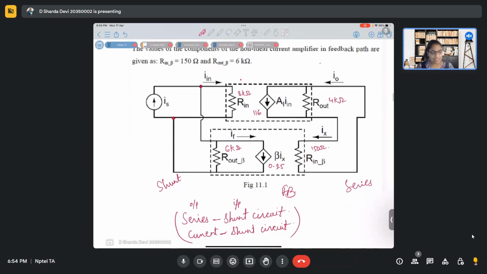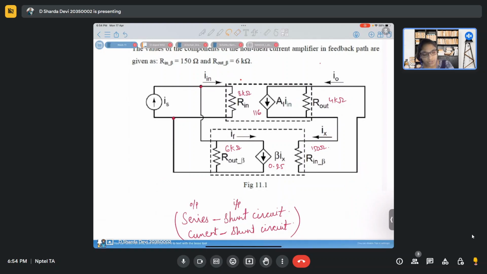So these are the things which are actually given to us. Now we'll look into what we have to find out in the problem set.